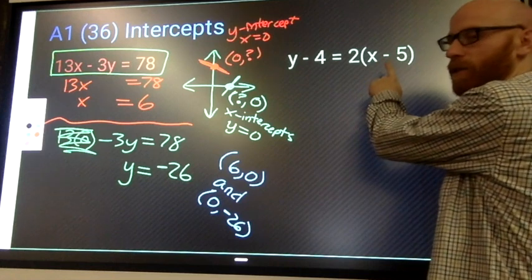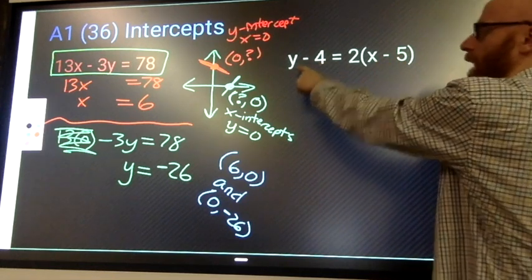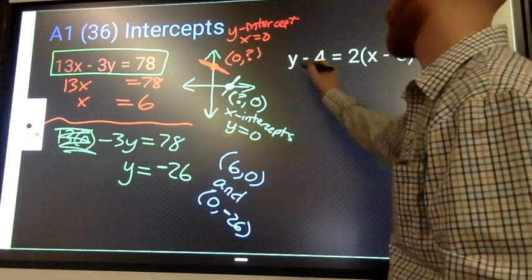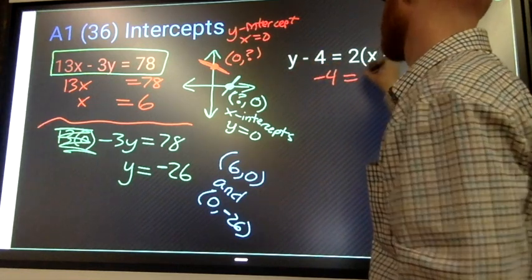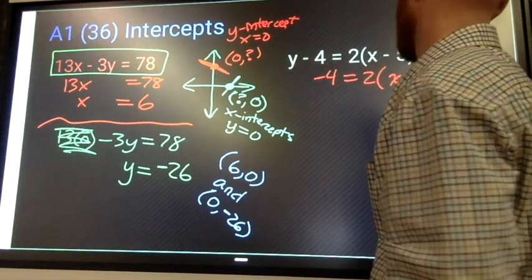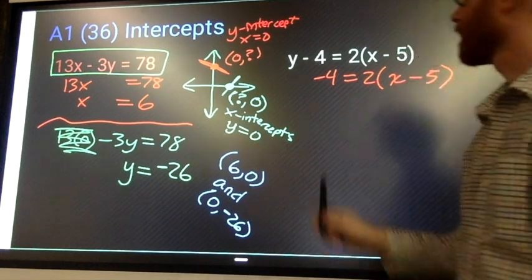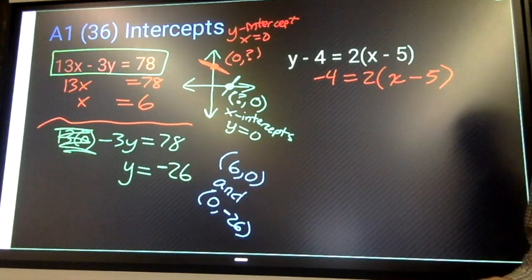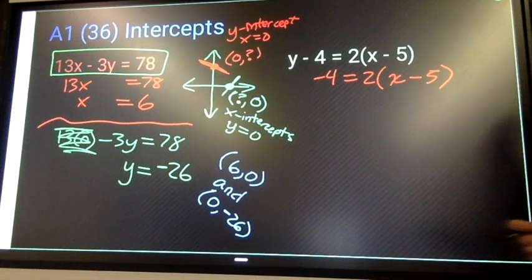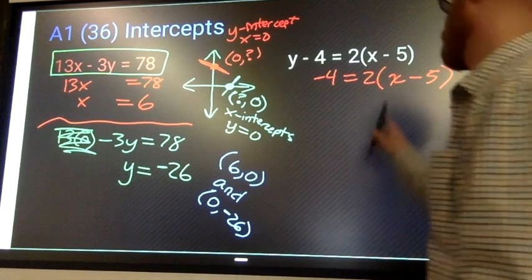Find my x-intercept over here. X will have a value. Y will have a value of 0. So 0 minus 4, negative 4, equals 2 times my x-intercept minus 5. Do a little math. You should be able to solve for x at this point. This is like skill number 10 or skill number 24.